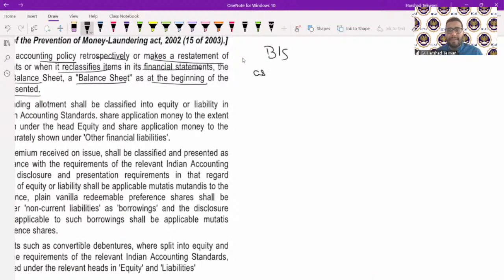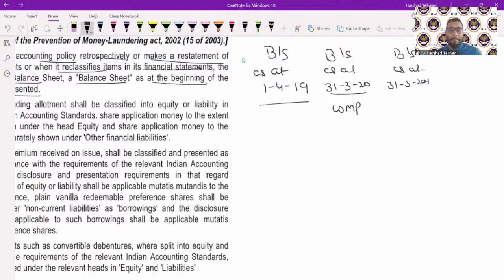Balance sheet as at 1/4/19. Balance sheet as at, sorry, 31/3/20, and balance sheet as at 31/3/2021. So this is my comparative.